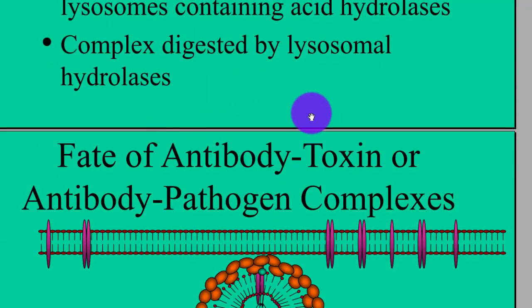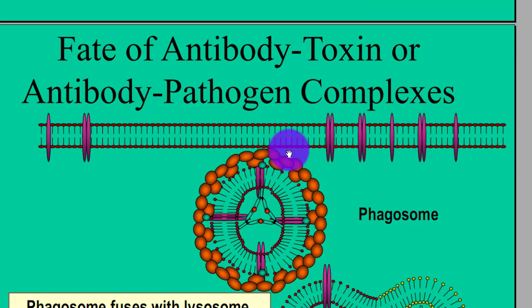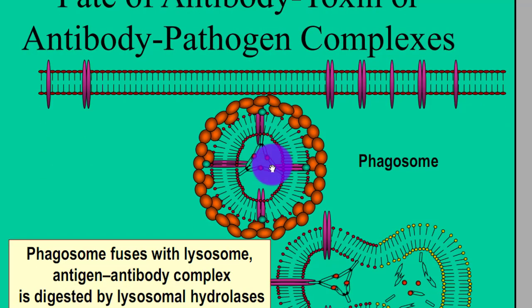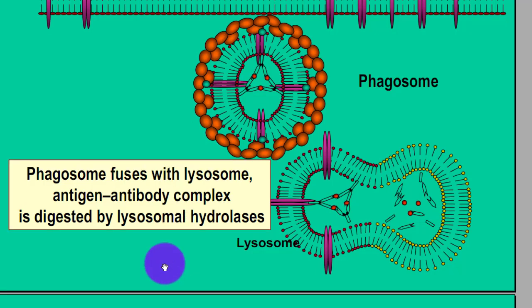Fate of the antibody-toxin or antibody-pathogen complex: here we find the pathogen fuses with the lysosome, and the antigen-antibody complex is digested by lysosomal hydrolases inside the lysosome, and this is the phagosome.